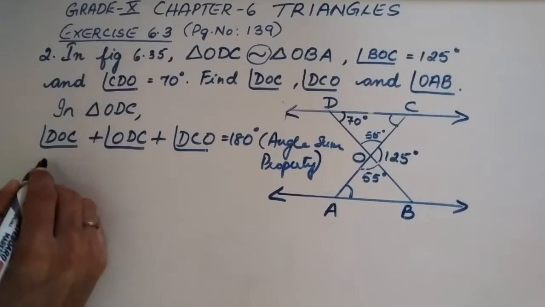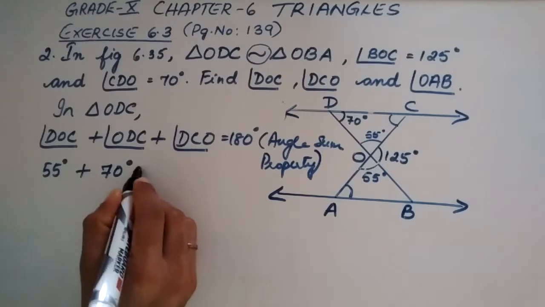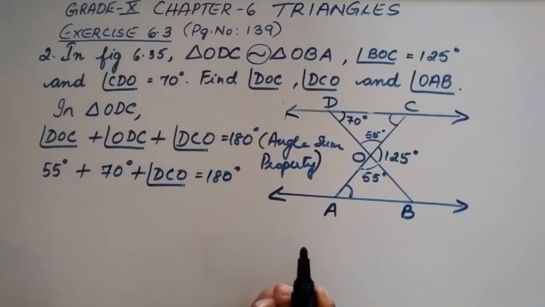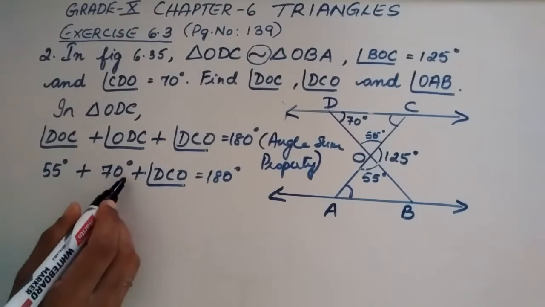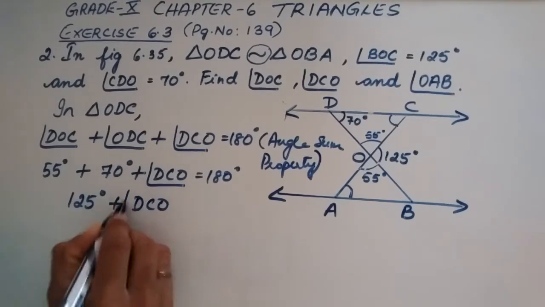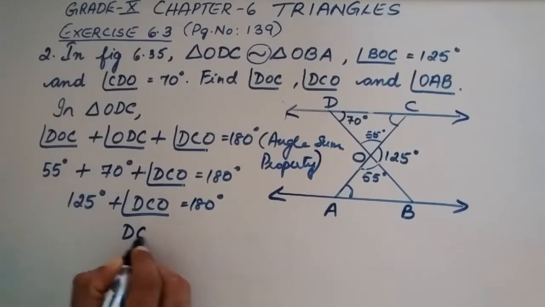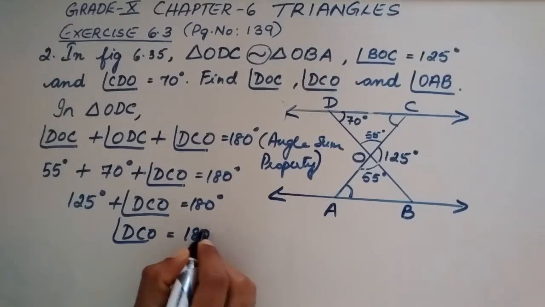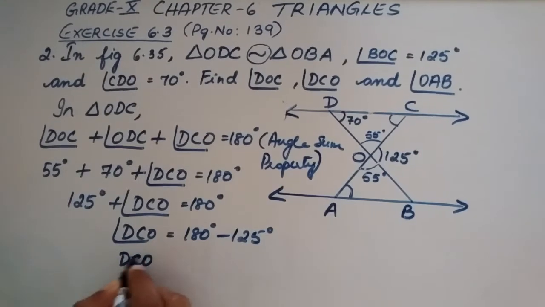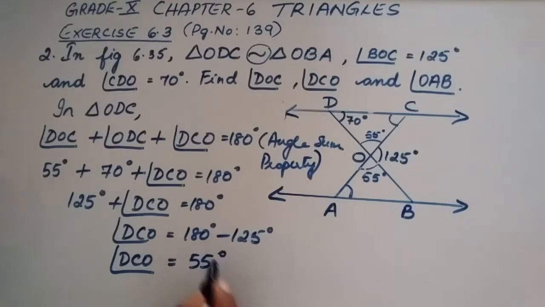Now what is angle DOC? It is 55 degree. Angle ODC is 70 degree. We need to find angle DCO. Now 55 degree plus 70 degree gives you 125 degree, plus DCO equals 180 degree. And so angle DCO is equal to 180 degree minus 125 degree, which is 55 degree.